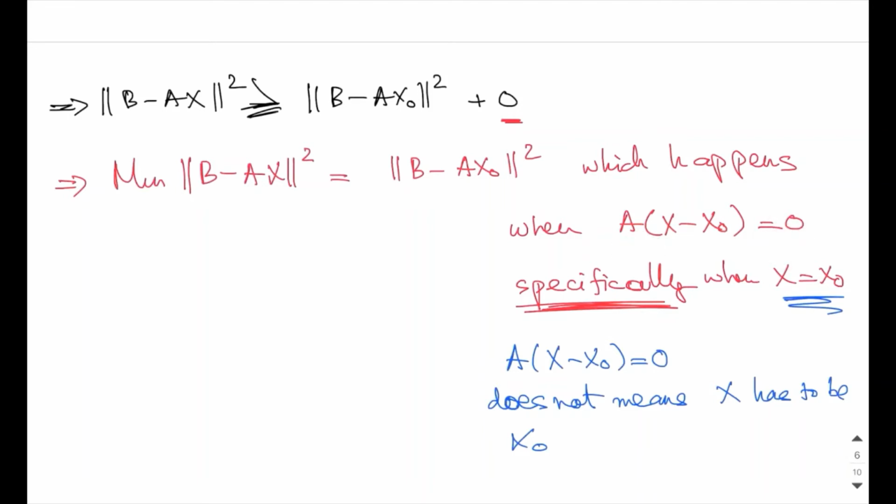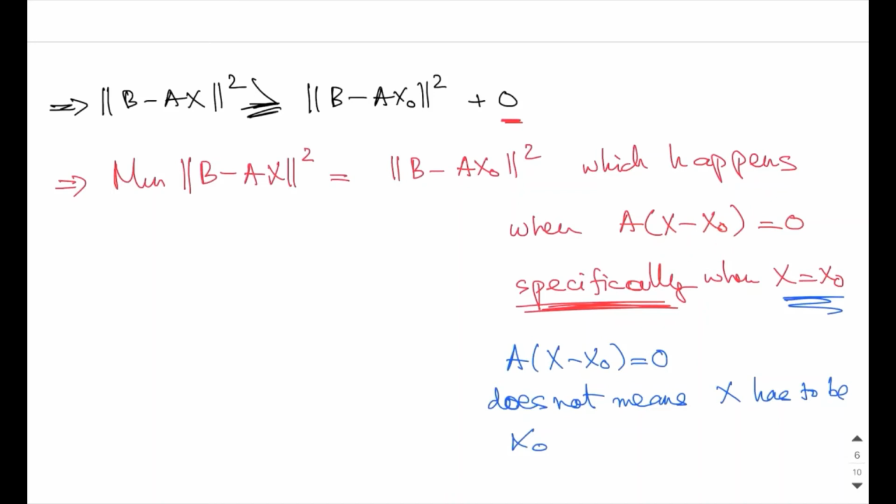In short, if the columns of A are independent, the only solution is x0. But if the columns of A are linearly dependent, you may have more than one solution. X0 is one of the solutions, but you may still have x1, x2, and x3. Who knows? They will all be considered solutions for the least squares problem. And at that time, it depends on your choice, your flavor, which one you want to choose. But at least you will have a nice solution x0.